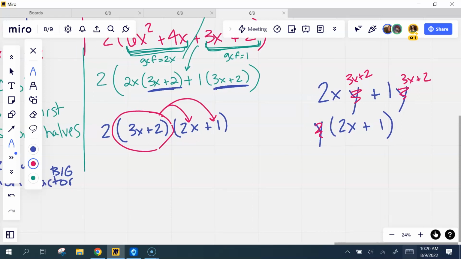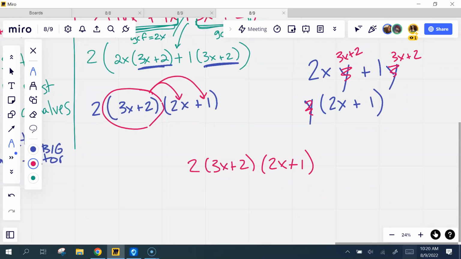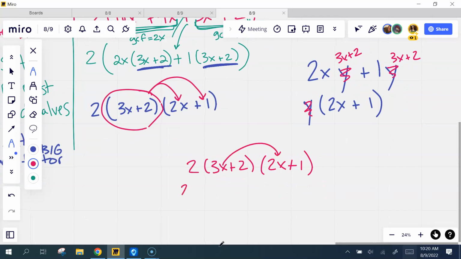If you FOIL this back out, take just a minute and do this. Everybody do this real quick, just so you see. FOIL this out because I want you to see that it's literally the backward step. Multiply 3x plus 2. Ignore the 2 first, and just multiply those 2 out. What do you notice?